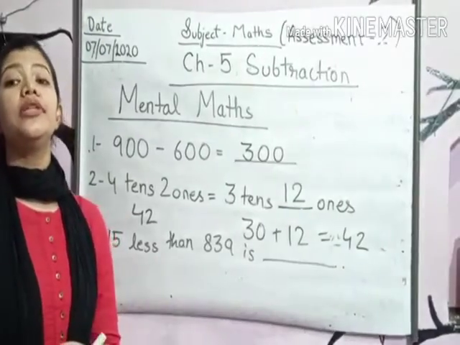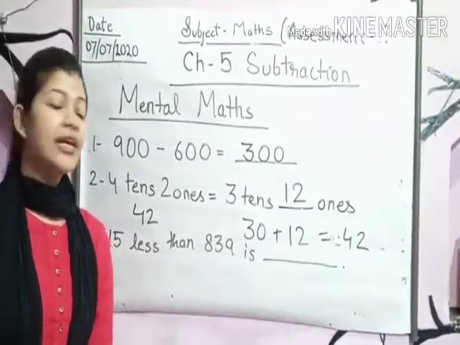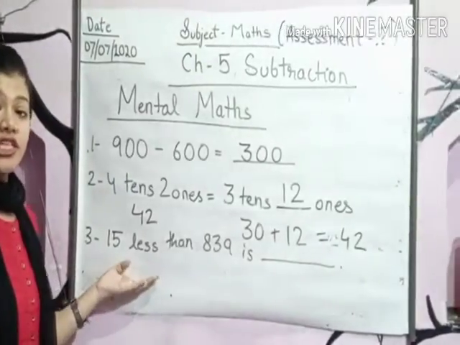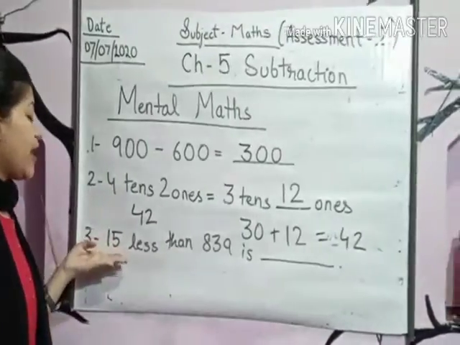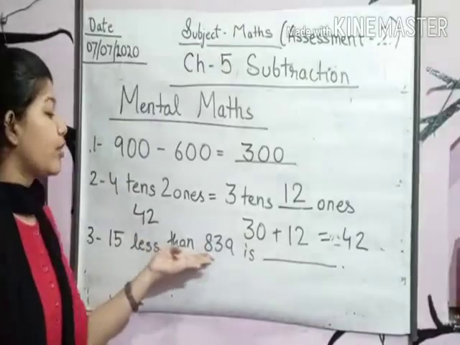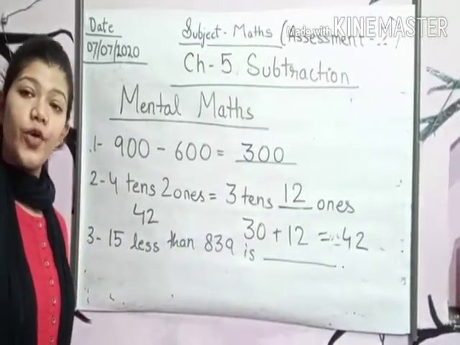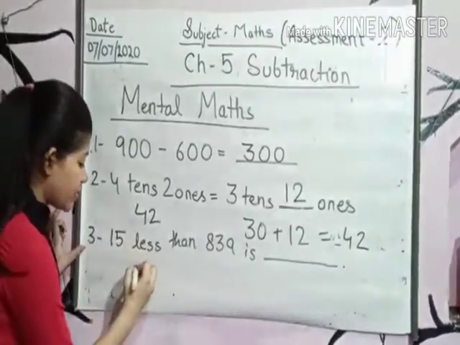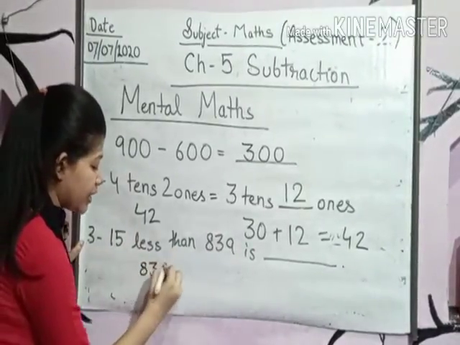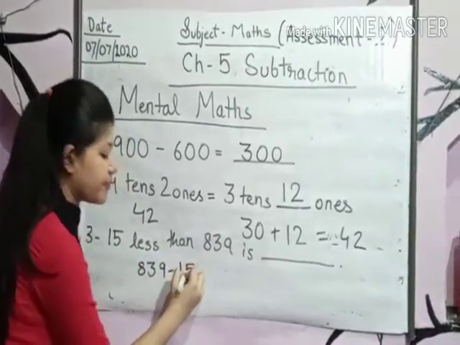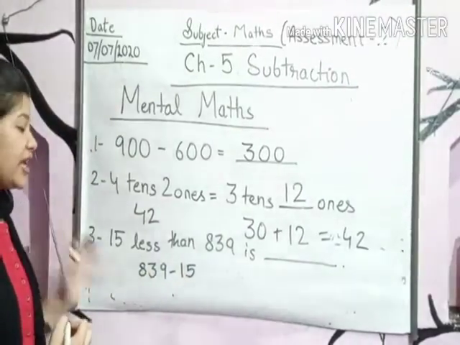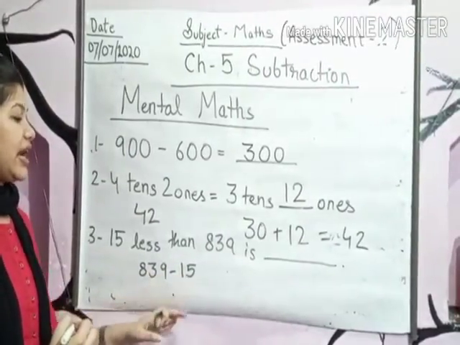You have to do subtraction. You know this. So what does this question mean? We have to subtract 15 from the given number, that is 839. So we will write 839 minus 15.